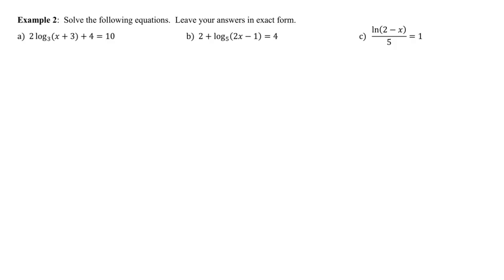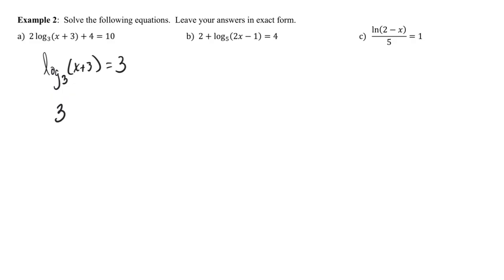So if we look at A, that 4 and that 2, they've got to go, right? So hopefully you guys don't have to see me subtract 4 and divide by 2. You can do that hopefully in your head. So we get there. And so now we want to write it in the other form, okay? So this time I want to take my base and I want to raise it to the exponent.